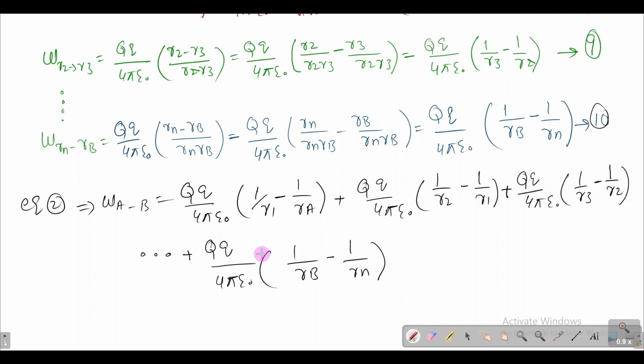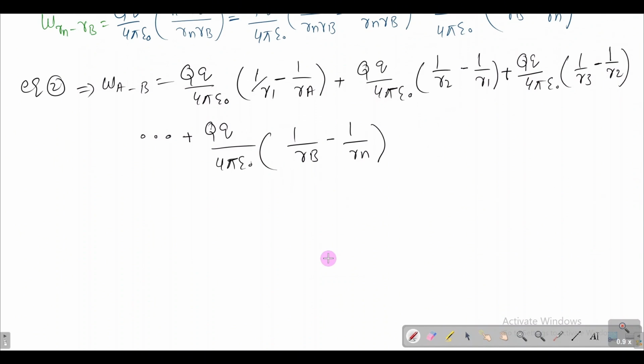Now Q by 4 pi epsilon naught is common in all these, so we will take it common from this equation.